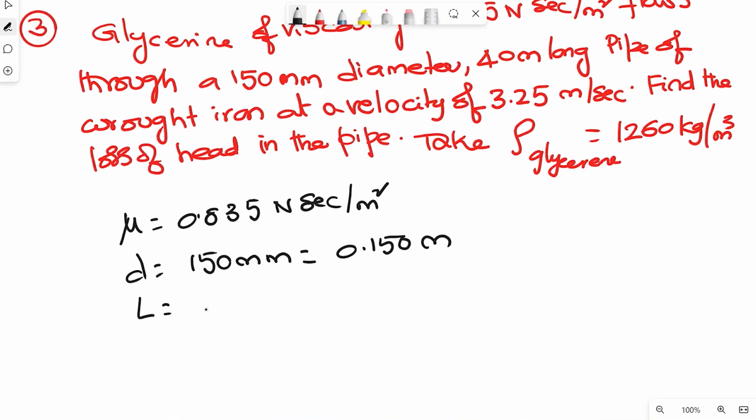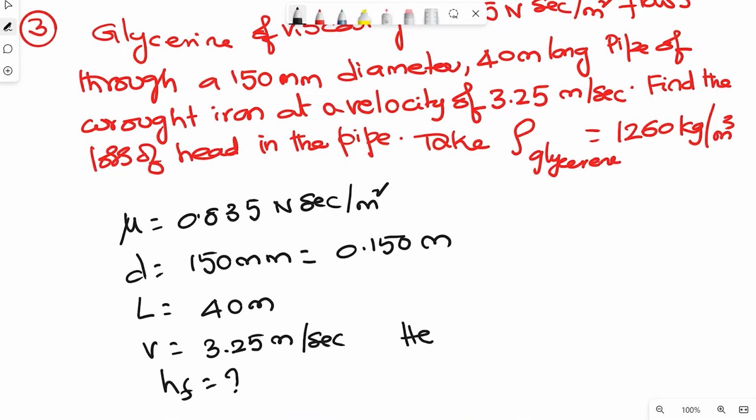L is equal to 40 meters. Velocity V is equal to 3.25 meters per second. What is hf? This is the question. But again here f is not given.